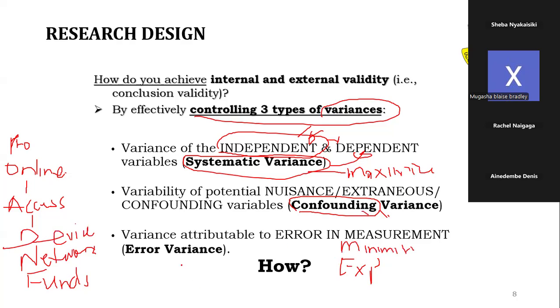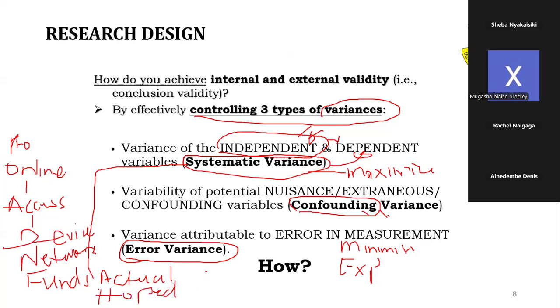Then we have the error variance. What does error variance mean? If we collect our data on our students, we have the actual data that we pick. Then there's what we hoped for. I'm using the most realistic words.